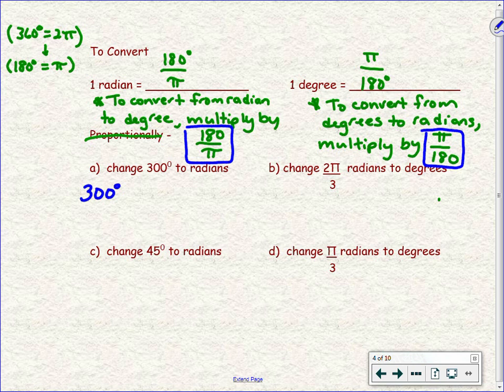Really, we want to get rid of the word degree and convert it to a pi radian. So in order to get rid of a degree, if you're setting up a proportion, you need a degree down here. So I'm going to be putting my 180 degrees here and my pi up there. And I got that from over here.